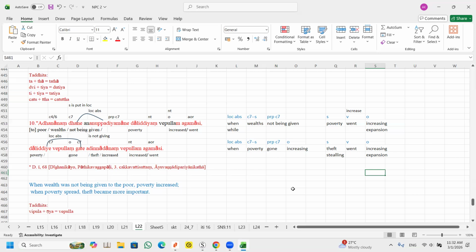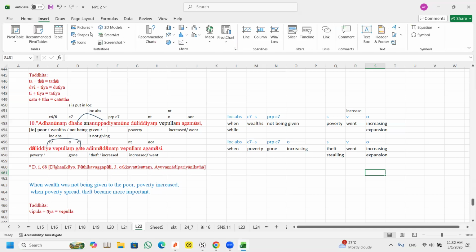Any question on this? So here it says that when the wealth is not given to the poor, poverty increases. When poverty spread, you have to say properly spread. This word, amakasi, is properly spread. Increase. So this is the one you must be able to do. When you look at the answer, that is how they translate. That means that is rendering.